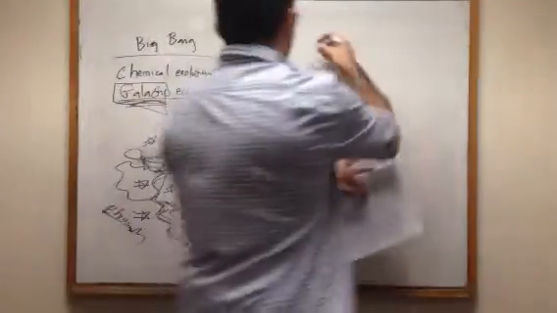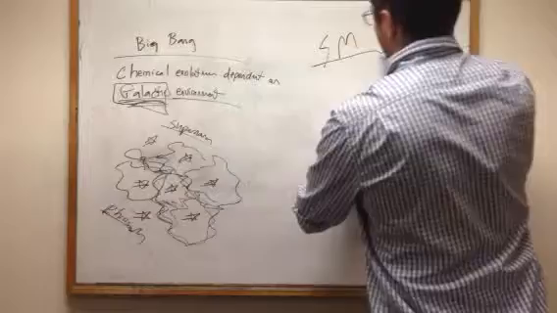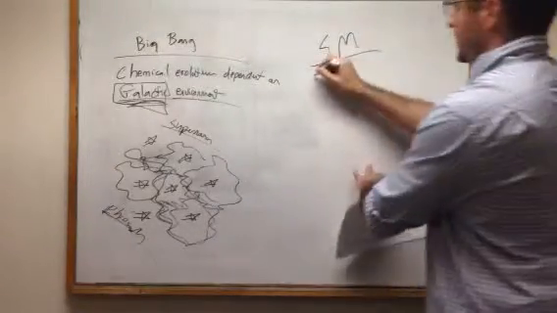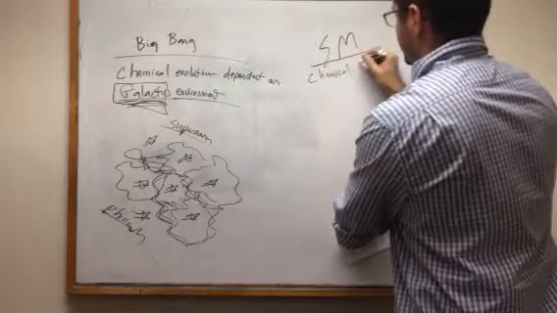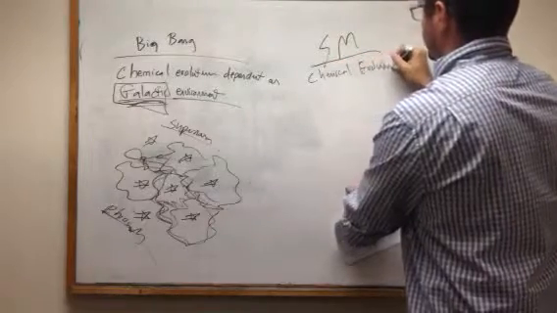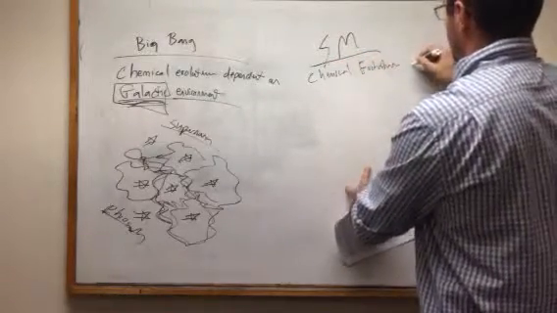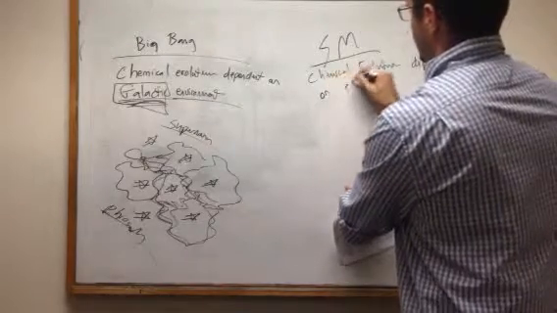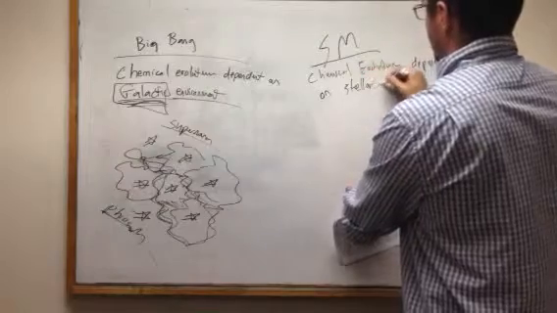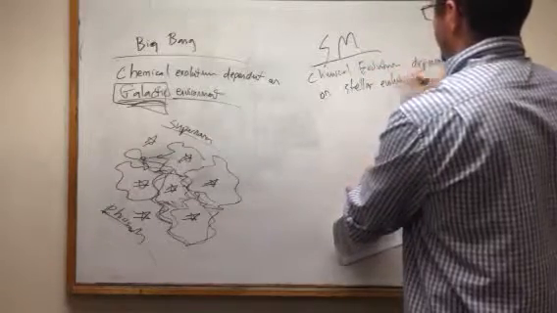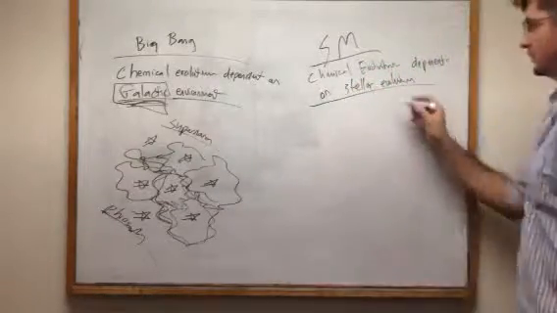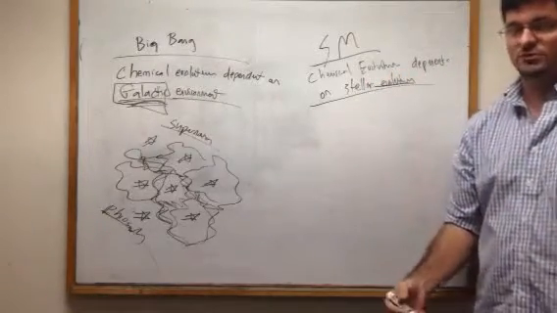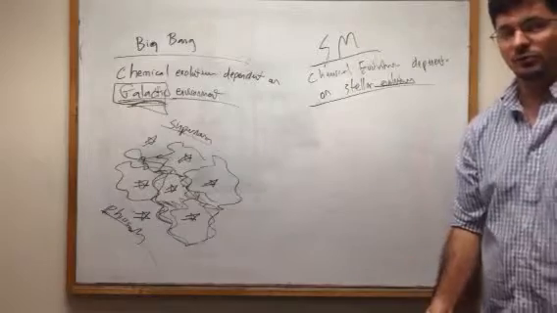Okay? Now, with stellar metamorphosis, I'm just going to go SM. The chemical evolution of a galaxy is dependent on stellar evolution. Meaning, the stars that evolve are the objects that form the chemicals, okay?